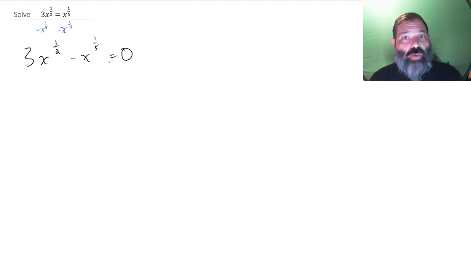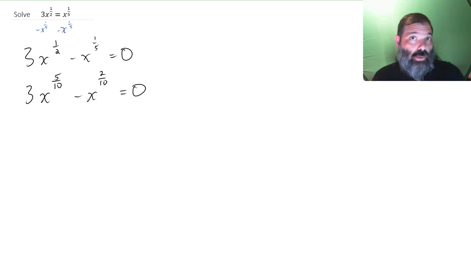Might be a good idea to rewrite these exponents so that they have a common denominator. So 1/2 and 1/5, a common denominator is 10. I can rewrite this as 3x to the 5/10 minus x to the 2/10 power is 0.